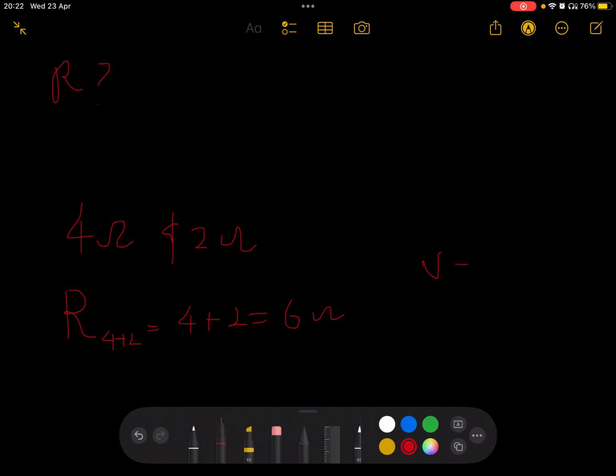Therefore, they have a voltage given by IR of this 4 plus 2. Their voltage is 12, which is equal to the current and their 6 ohm. Therefore, their current is equal to 2 amperes.